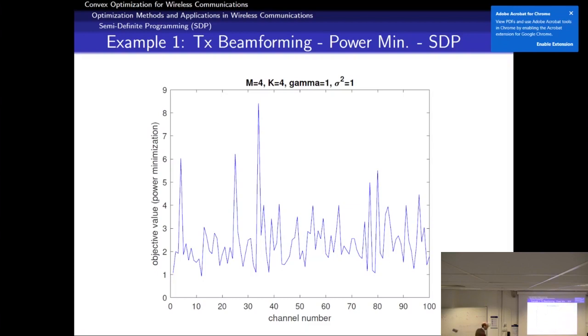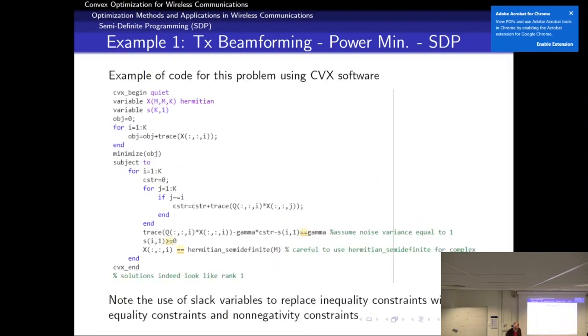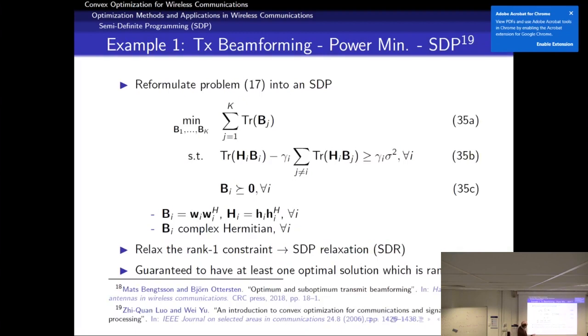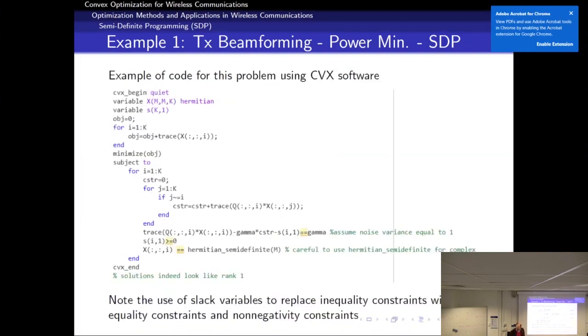I get an objective value for it. Then I randomly drop users again, so I have a different set of channel realizations and another objective value, so the objective is a function of the channels. This quantity is a function of h_i, which is itself a function of those quantities. So whenever you consider a new channel realization, obviously you have to run these optimization problems again. This is what you see here.